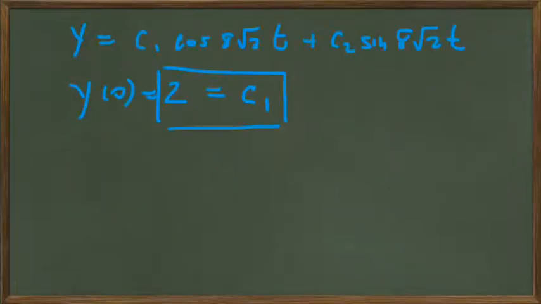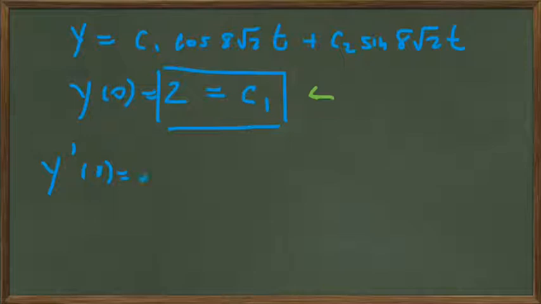So y of 0 is 1/2, and if we plug 0 in for t, we just get C1 on the right side, so that gives us that C1 equals 1/2.